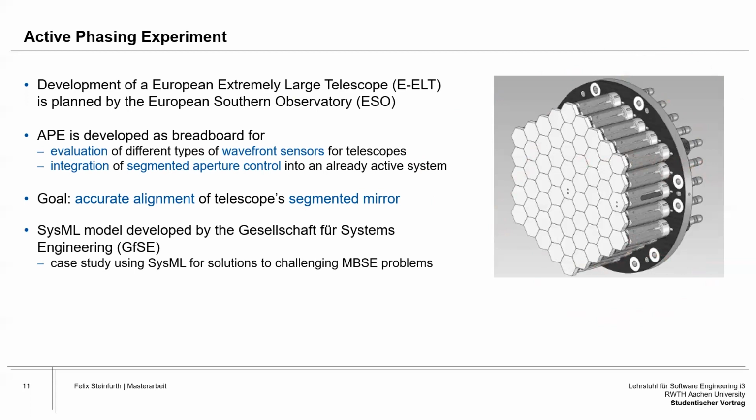The SysML model of the Active Phasing Experiment is developed by the Gesellschaft für Systems Engineering, and it was developed as a case study for using SysML for solutions to challenging model-based systems engineering problems.